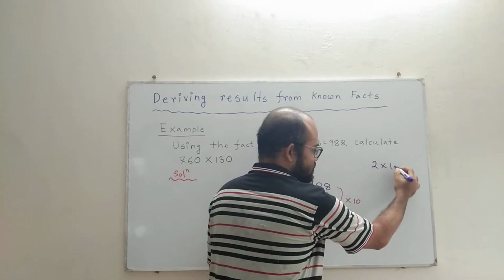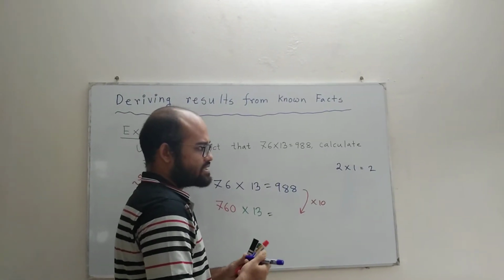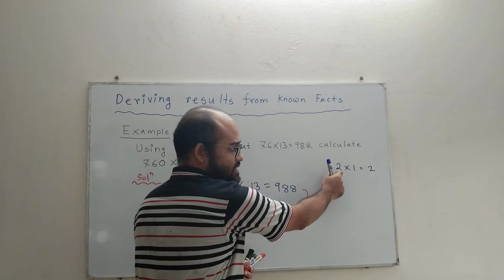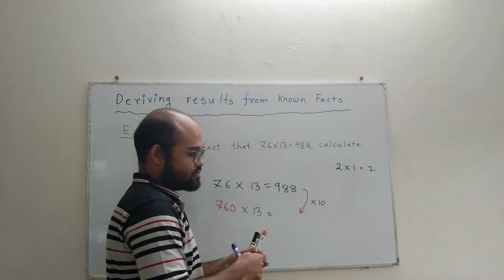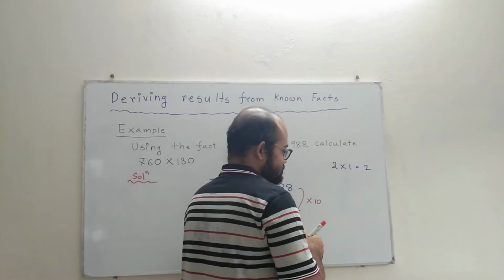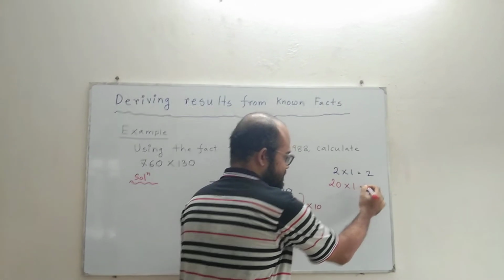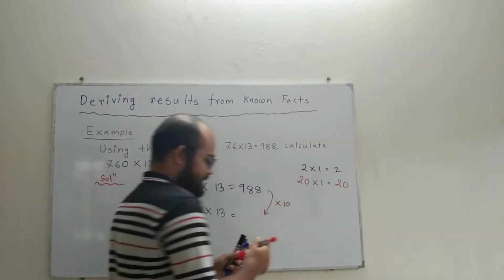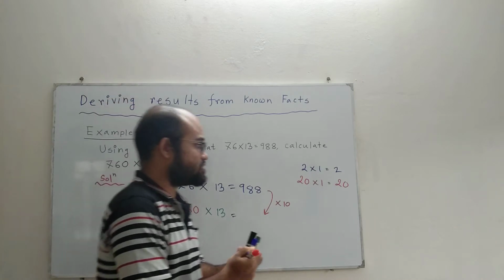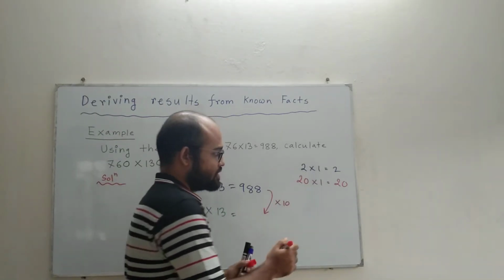2 times 1, what does it give us? 2. Let us suppose that I increase this multiplicand 2 on the left by 10 times. So what do I get? I get 20, my 1 remains the same. So 20 times 1 gives me how much? 20. Now if you pay close attention between these two multiplications, what do I find?